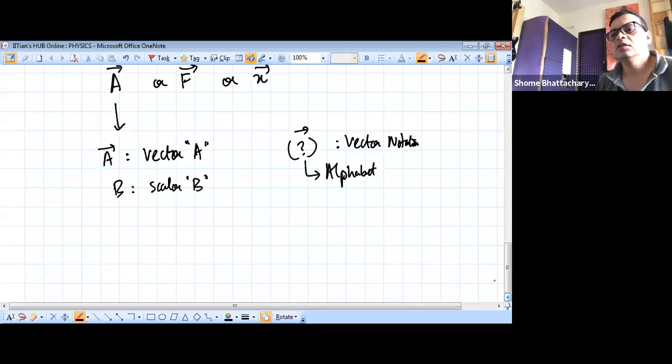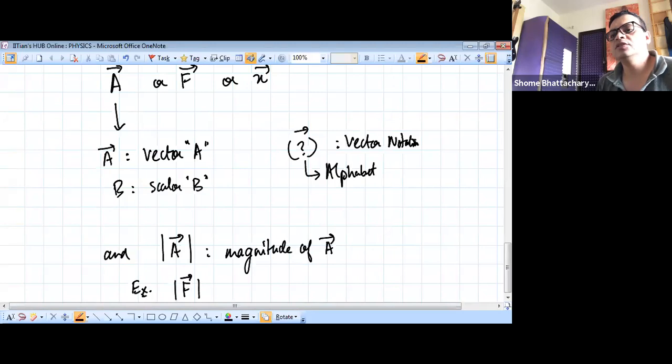Whereas if you put a vector in between two bars like this, what we know in mathematics as the modulus symbol, in vector algebra this becomes the magnitude of vector E. So for example, we can say that the magnitude of a certain force is 50 newtons.